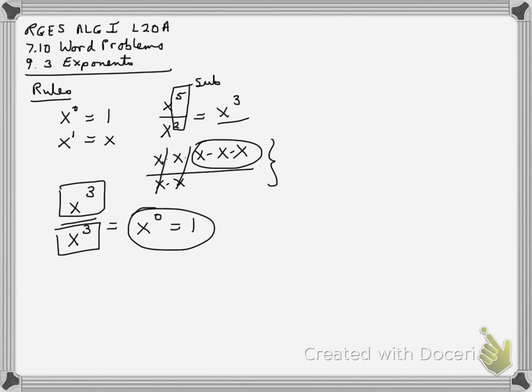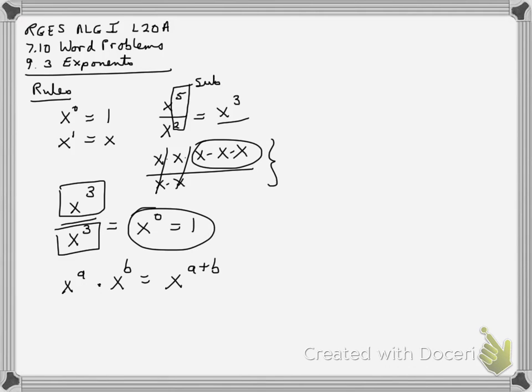Now my basic rules. If I have x to the a times x to the b, what do I do? When I'm multiplying, I'm going to add exponents. So the basic rule would be a plus b.